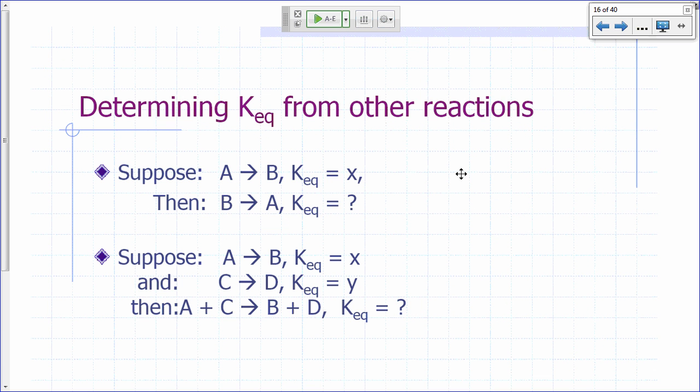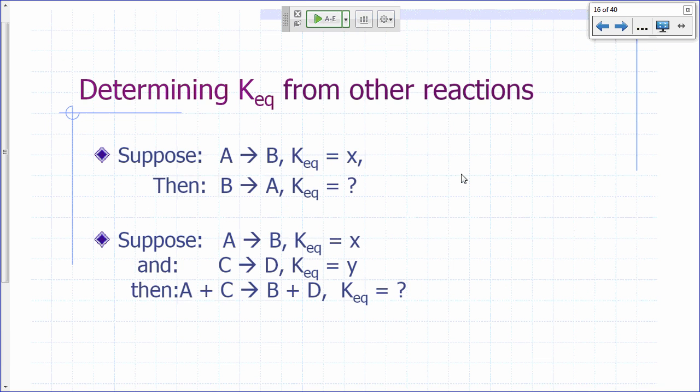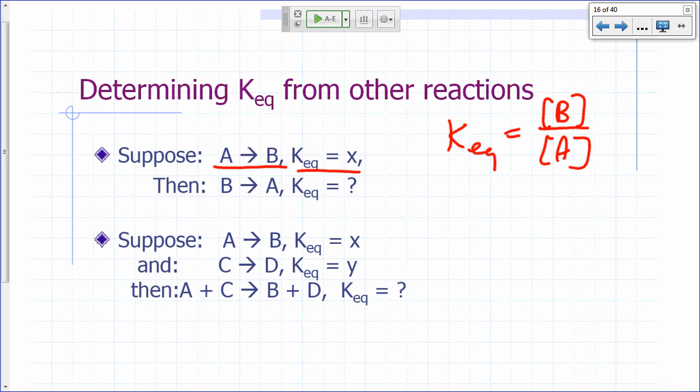All right, so you can determine Keq from other reactions in a manner that's similar to what you did with delta H's for Hess's law, except in this case you don't add or subtract things. You take reciprocals and you multiply. So for example, if A going to B has a Keq equal to X, what's the expression for Keq? That's concentration of B over concentration of A, products over reactants.